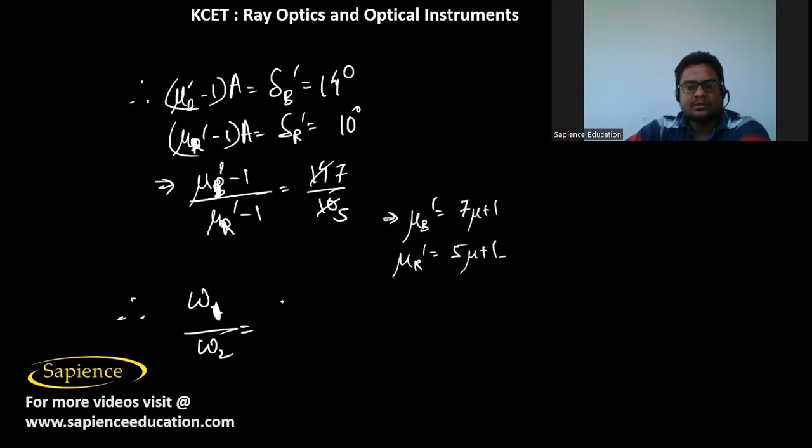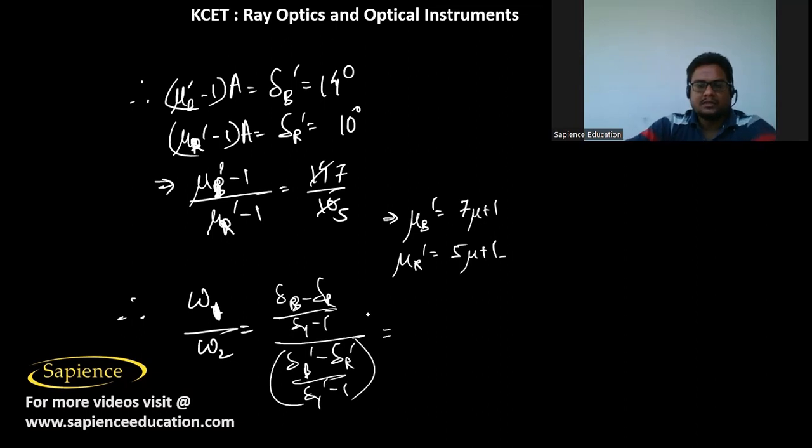So omega 1 by omega 2 we can solve like this: delta b minus delta r divided by delta y minus 1, divided by delta b dash minus delta r dash by delta y dash minus 1.